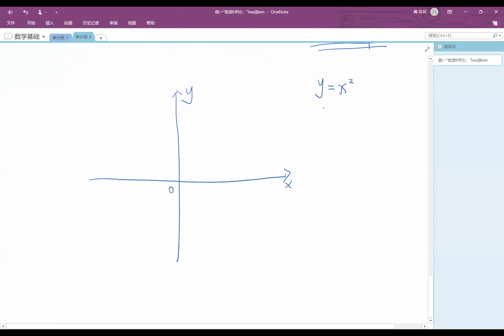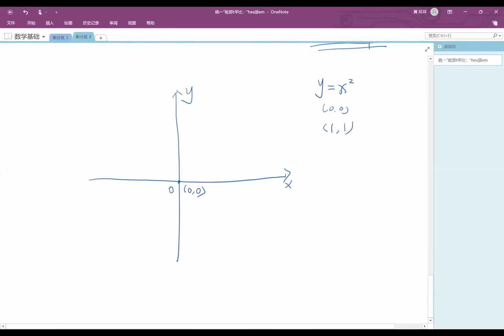Let's see for this equation, if this point 0, 0, the origin, satisfies this equation, right? Yes, 0, 0 satisfies this equation. And let's see the point x is equal to 1, so the point 1, 1 satisfies this equation, right?